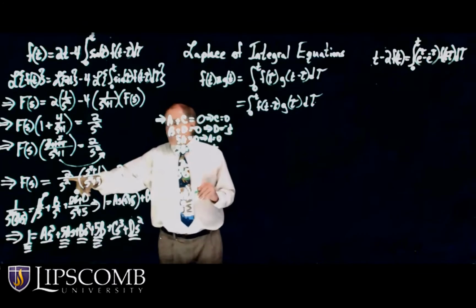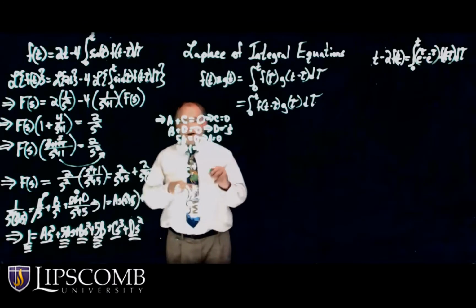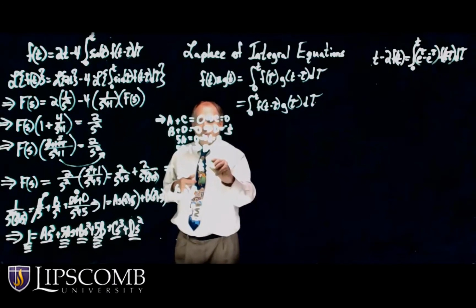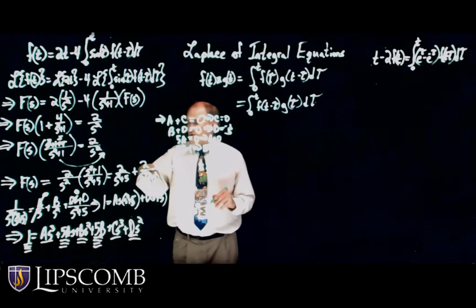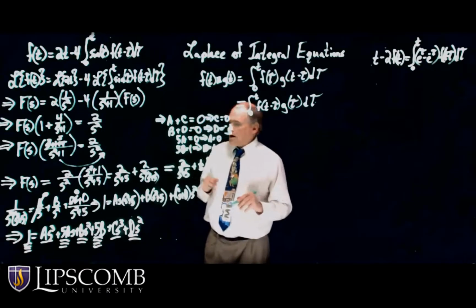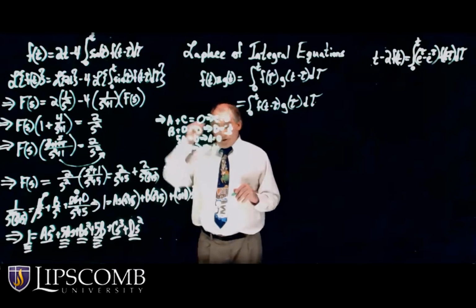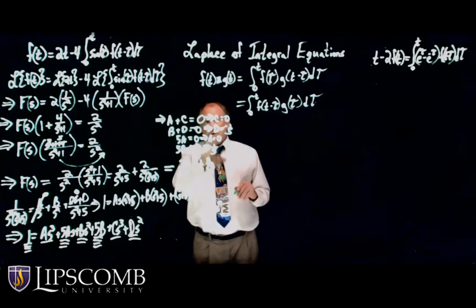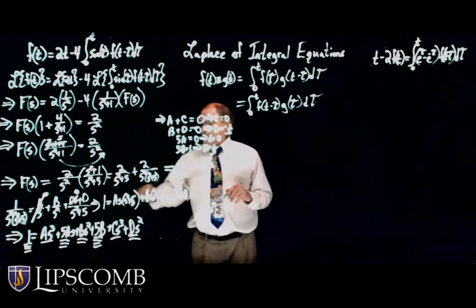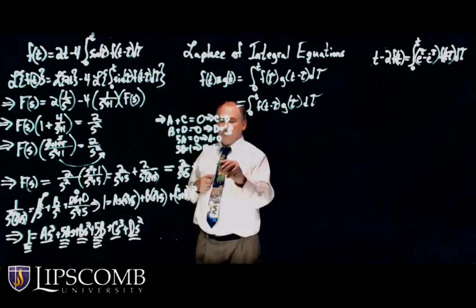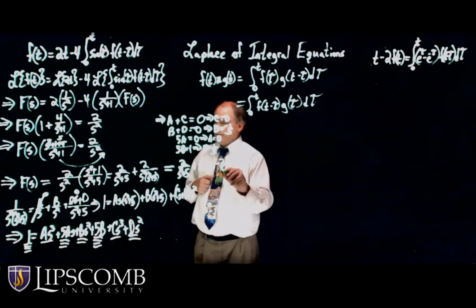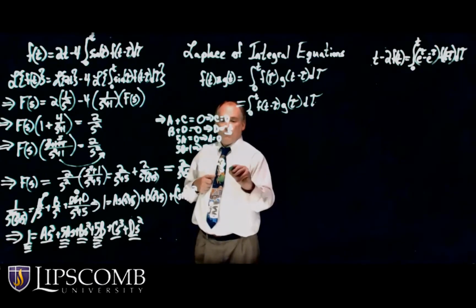Times, though, I don't need to forget it, this was times 2, so this would be a 2 over that. Don't forget there was a 2 here. So multiply by the 2. And then I'm also going to do the same thing with the D. Don't forget to multiply it by 2, so this would be a minus 2/5, 1 over s squared plus 5.